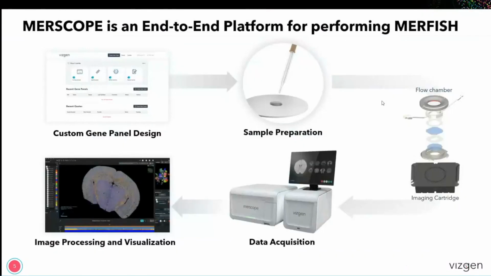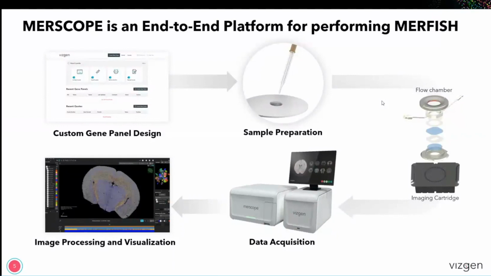Now, together with Merfish chemistry, what Vizgen has designed is the Merscope platform. This is an end-to-end platform for performing Merfish in your laboratory. Where this process begins is in our custom gene panel portal.